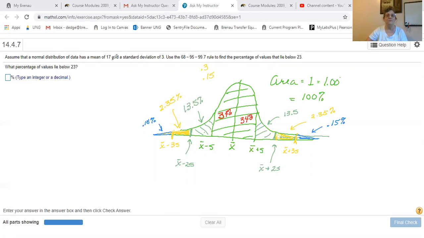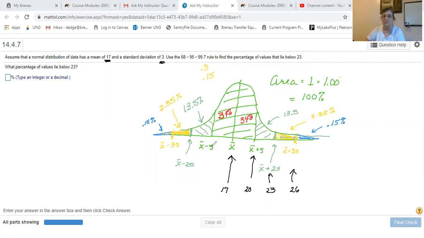So now they're saying the mean is 17, the standard deviation is 3. So that means this is 17. If the standard deviation is 3, then 17 plus 3, one standard deviation out would be 20, plus another standard deviation of 3 would put this at 23, and a third standard deviation would be at 26.